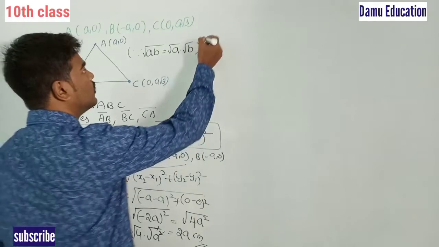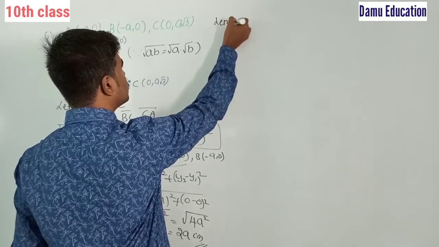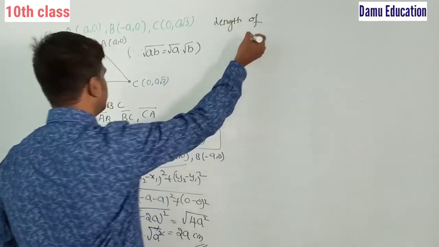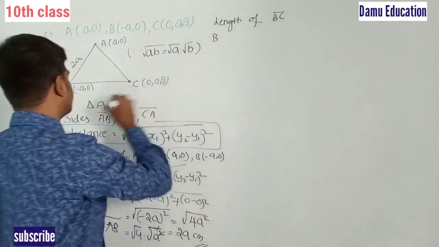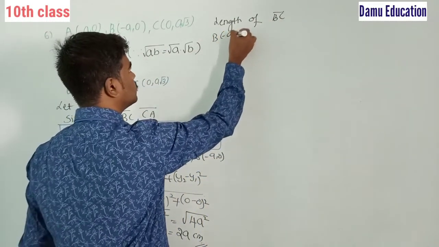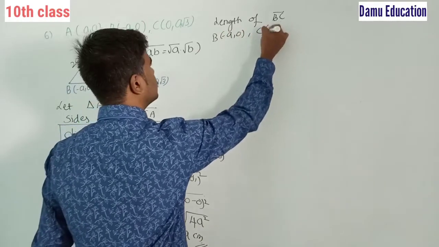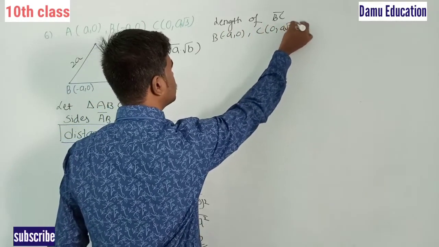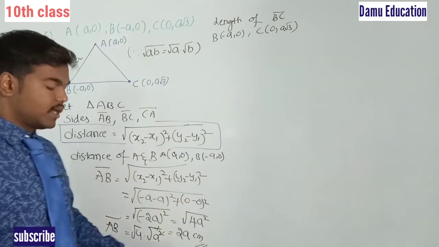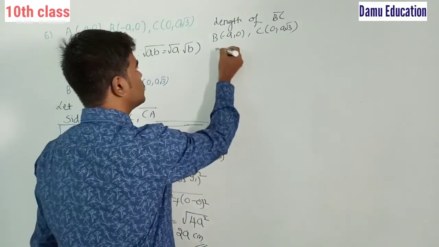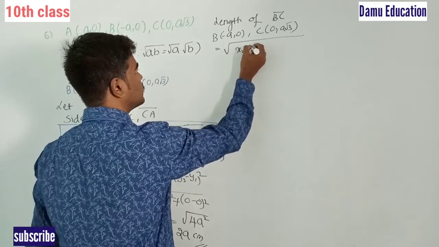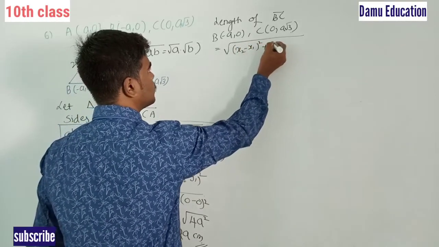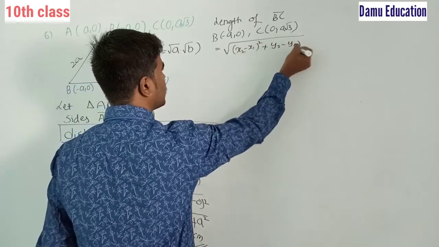Next one. Length of AC or BC. Let's take BC. What is the B point here? Minus a comma 0. What is the point of C? 0 comma a root 3. Now let's consider the square root of (x2 minus x1) whole square plus (y2 minus y1) whole square.